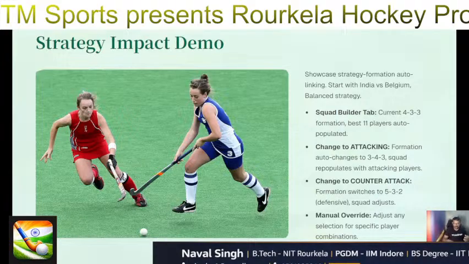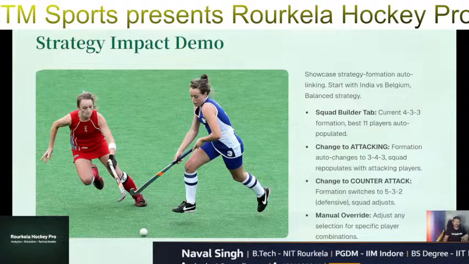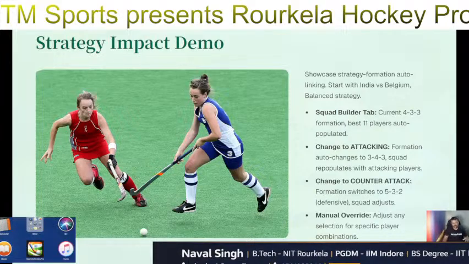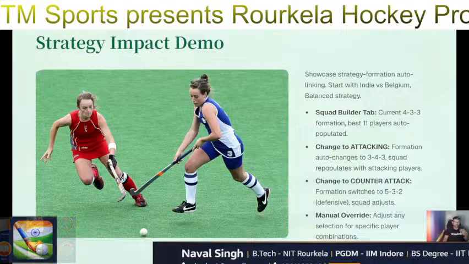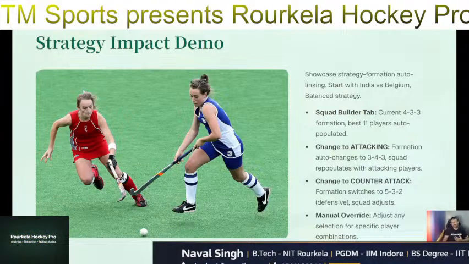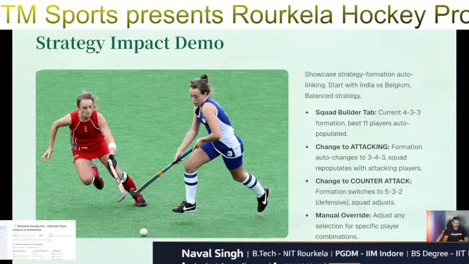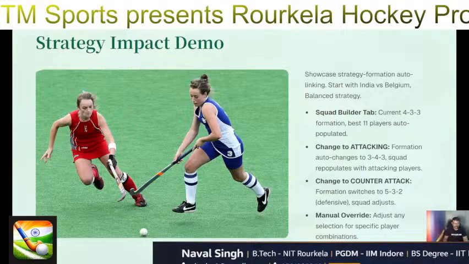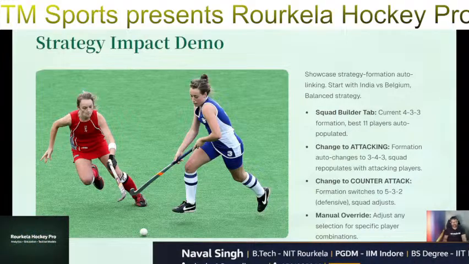When you manually override the selection, it ensures that your selection gets reflected during simulation. So it gives you out of the box ready-made templates, but it also allows you some configurability to make your own team if you feel that the suggestions from the inbuilt intelligence are not good enough. You can build your own team and then run some simulations.